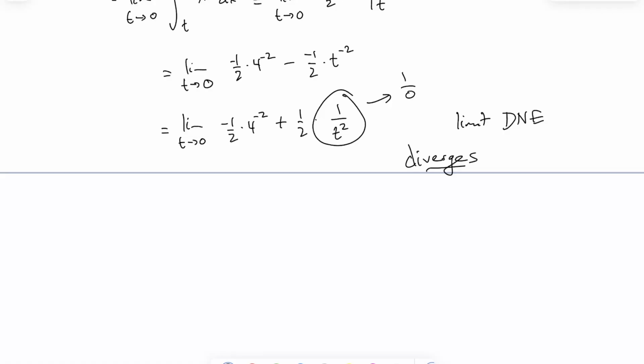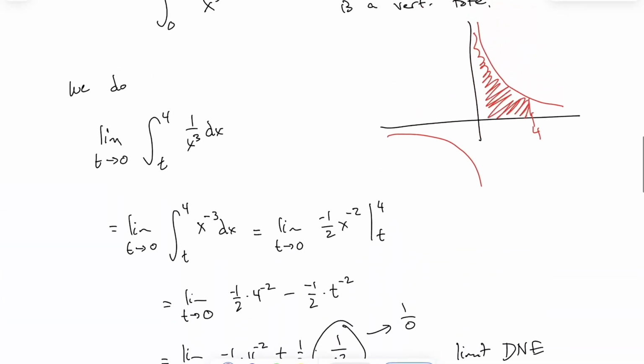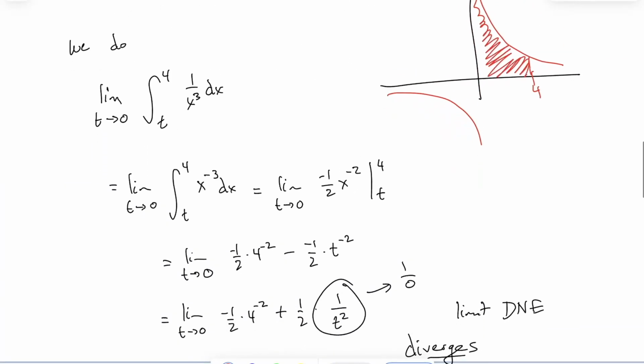Could you just do the limit as x approaches 0 from the right or the left so it would exist, so that we get a convergent integral? It would not converge. This is a good point, and something I meant to mention. If you see the examples in the book, they would write it, and this is not wrong, as limit t goes to 0 from the right.